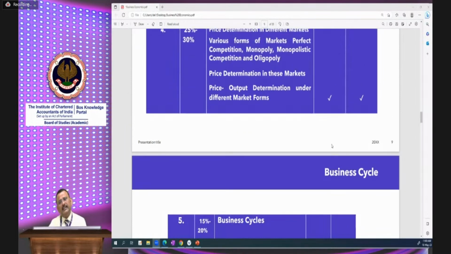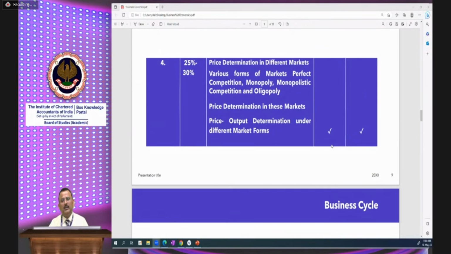So basically in business economics, there are 5 units which the student needs to study, and I had already given you the detailed weightage, the pattern of questions, the percentage, and the mechanism for negative marking.